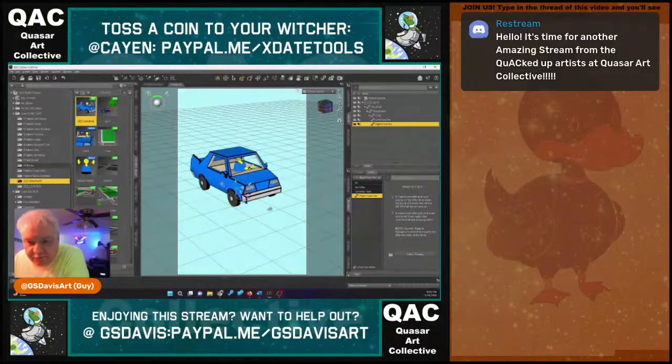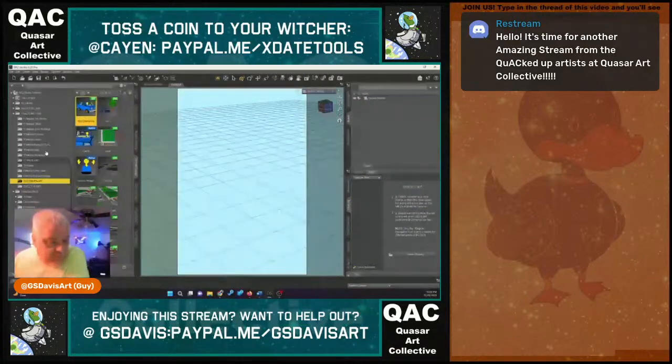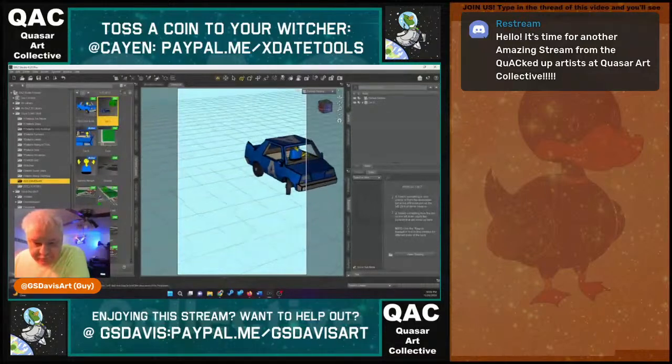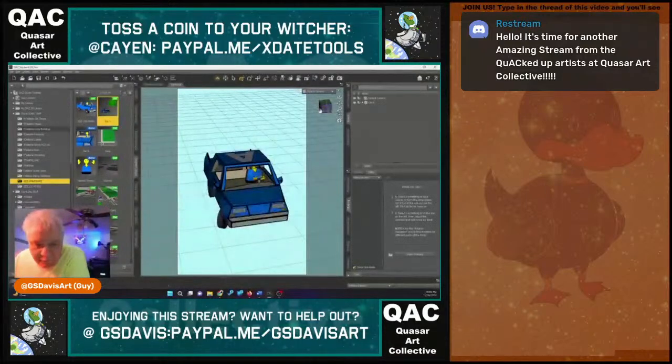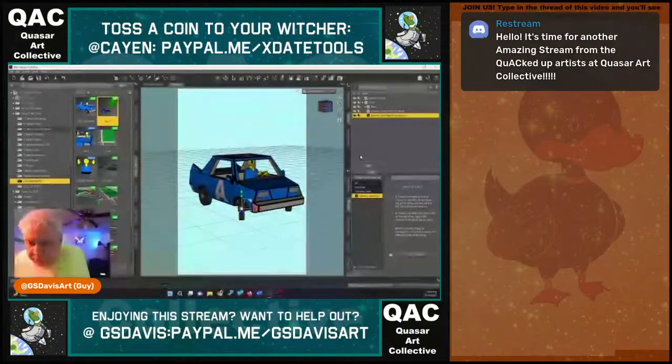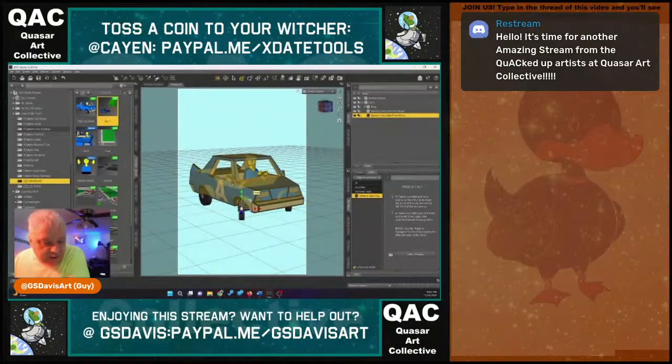Oh, this isn't the right car. This is. So this is now an object, a character. So what I was thinking of doing is putting a null and tying these wheels to it.